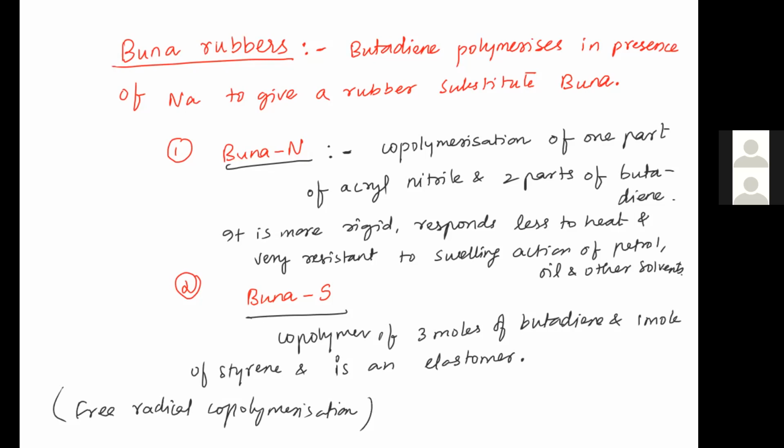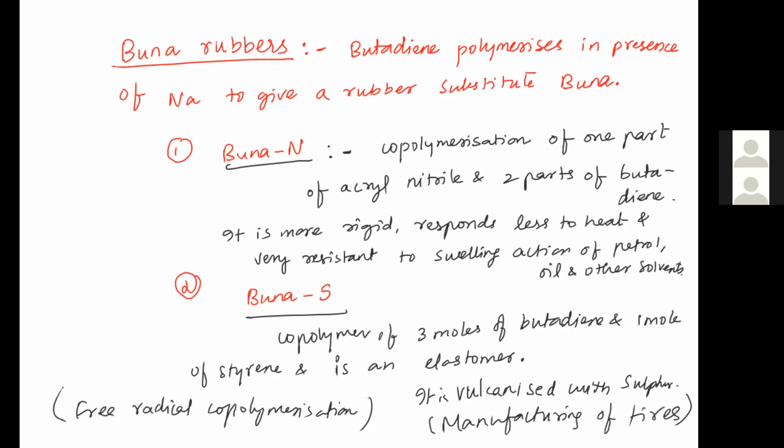So this is generally vulcanized with sulfur. We use it in the manufacturing of tires. That's it about the 3 types of rubbers.